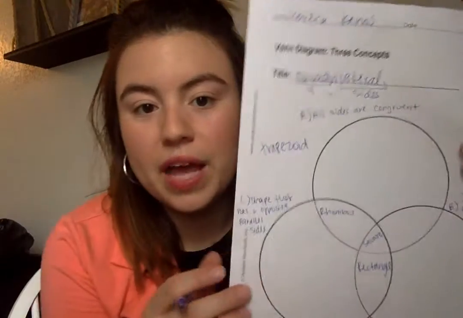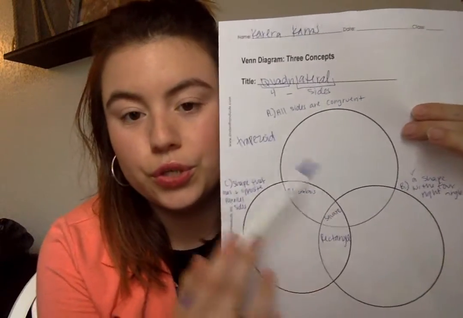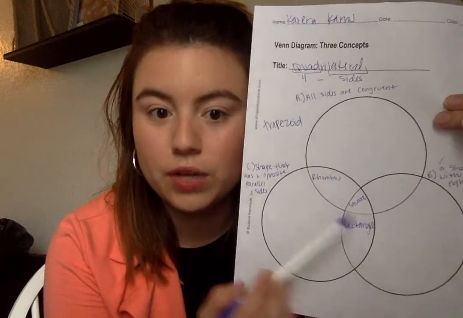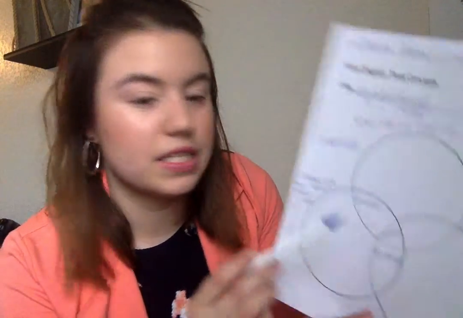Perfect. So now that we have an idea of how to set up our Venn diagram and how we're going to write it out, we know later on when we read it exactly how we're going to read it. We're going to know a rhombus, since it's in this area, it's in A and C, it's going to have properties of having congruent sides and having at least 2 opposite parallel sides.